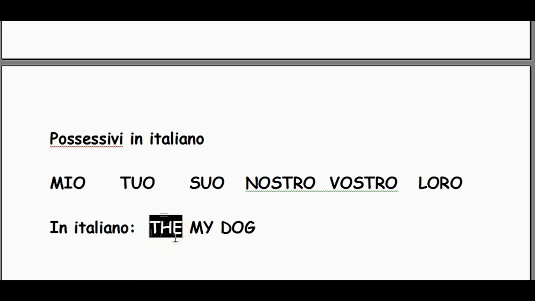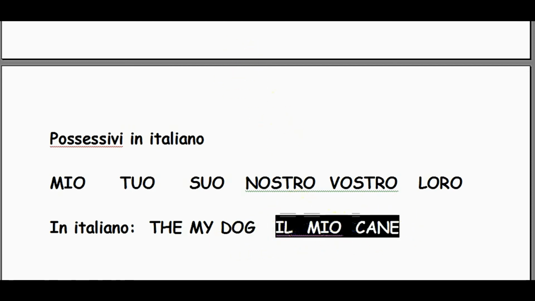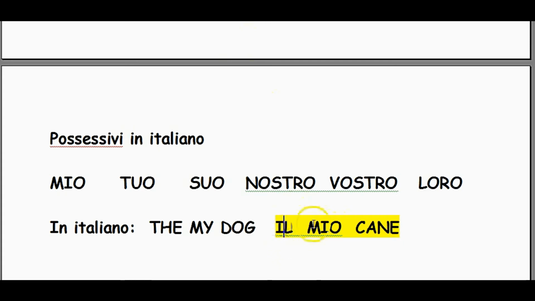You don't have the, my dog. Okay, in Italian we do. It would be il cane. Cane we know is masculine, so it would be il mio cane. Okay, so whenever you have a possessive, there are exceptions of course, but whenever you have a possessive, you have to remember to put the article first.